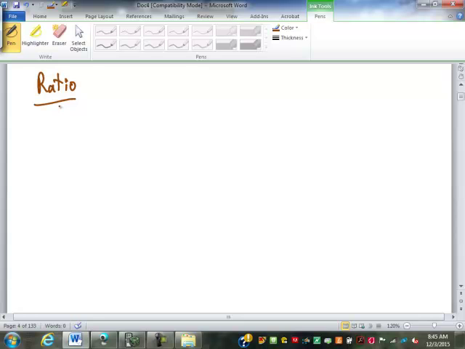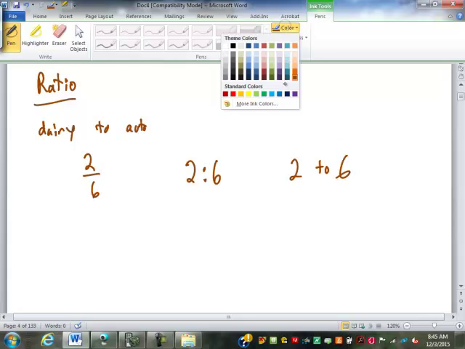For example, if I go around the room right now, we can compare dairy students to auto students. There are 2 dairy students to 6 automotive students right now. So I can either write it as a fraction like this, 2 to 6, write it with a colon, or even with the word 'to'.